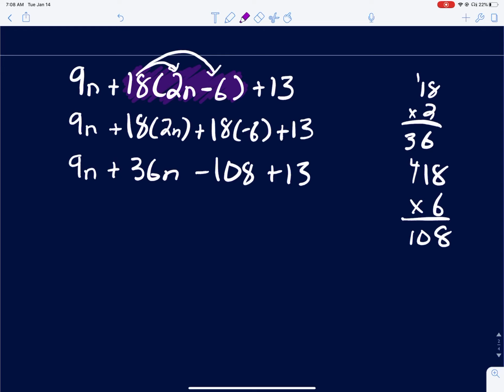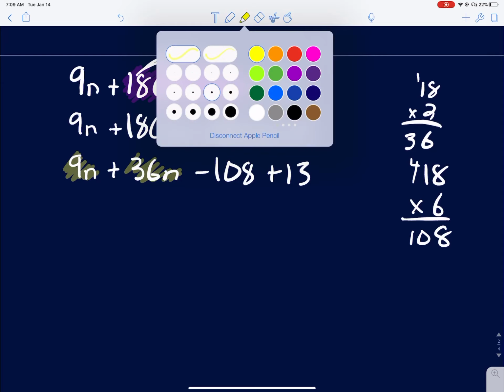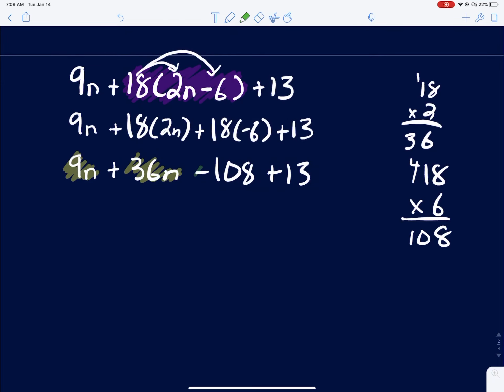Now we have two sets of like terms, and we've already learned about combining like terms. So we have 9n and 36n, and we have negative 108 and positive 13. So 9n plus 36n is 45n, and negative 108 plus 13.